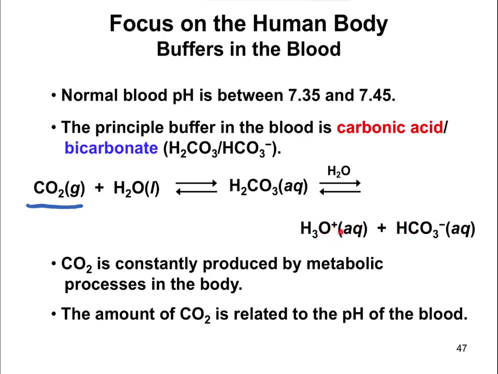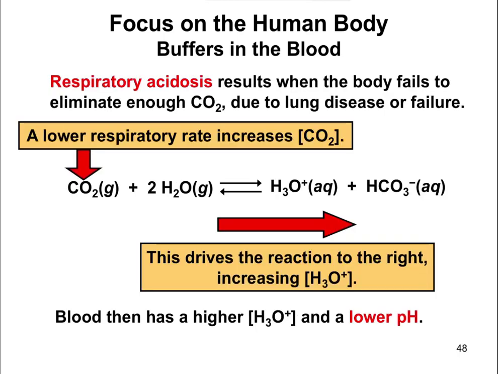Higher levels of H3O+, you think of as acid. So increased CO2 is going to lead to more acid. So the more CO2 you have, the more acidic your blood or your solution will be, and the lower the pH will be. So what does that mean physiologically for us?